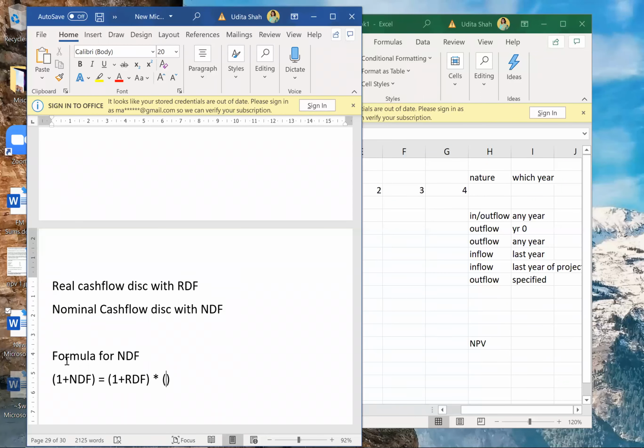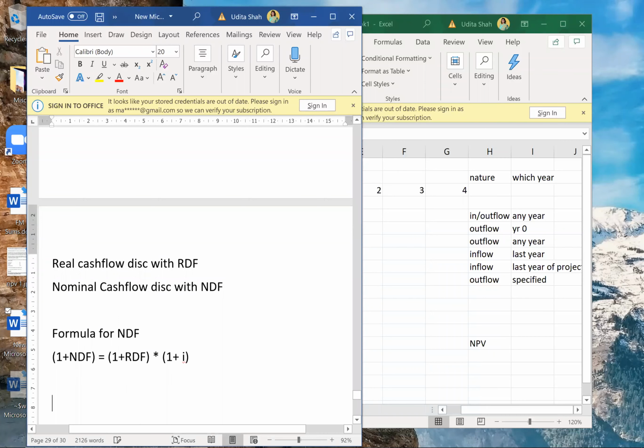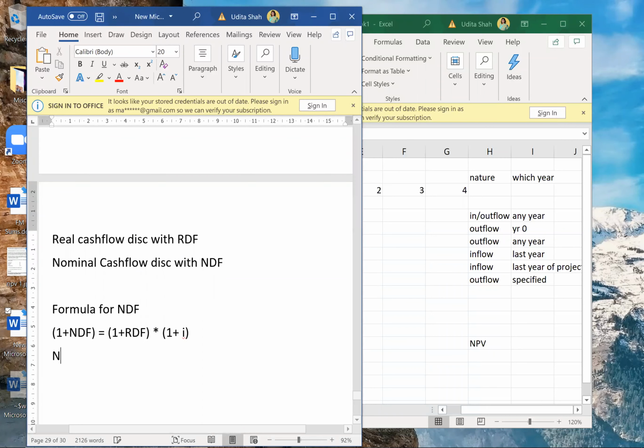Where NDF is the nominal discounting factor, and RDF is the real discounting factor, that is your WACC, or we can call it the cost of capital. Same thing.